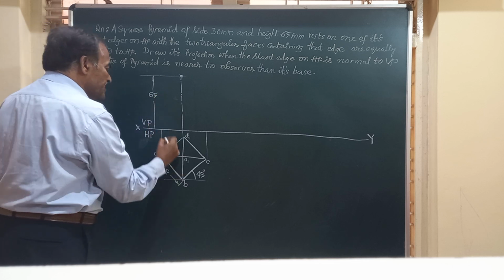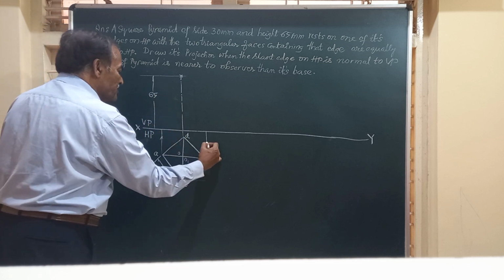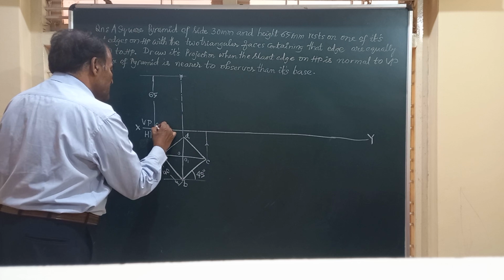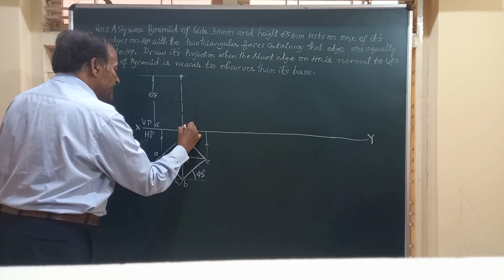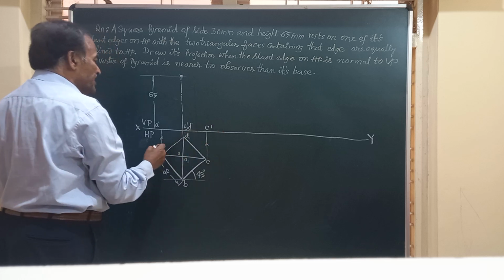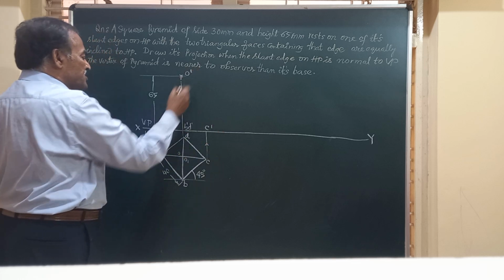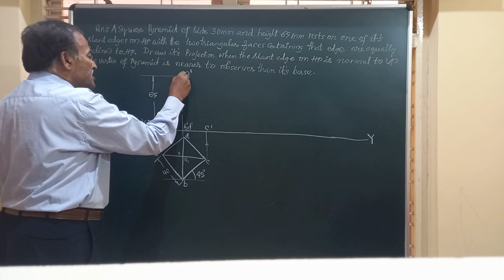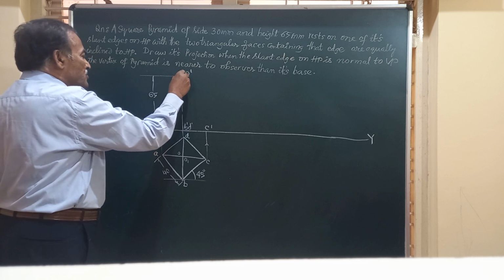And friends, let us name all these points as A dash, B dash, D dash, and this is C dash. Friends, O dash is the vertex. So you will join all these points through the vertex.